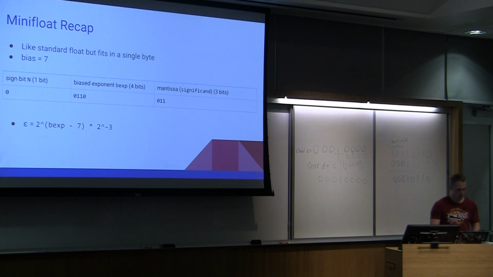Cool. So let's actually do an example where we write a number as a floating point bit pattern, because that wasn't one of the slides. So we're going to use mini float instead of full-size float because we don't want to deal with writing all the digits of a full-size float.